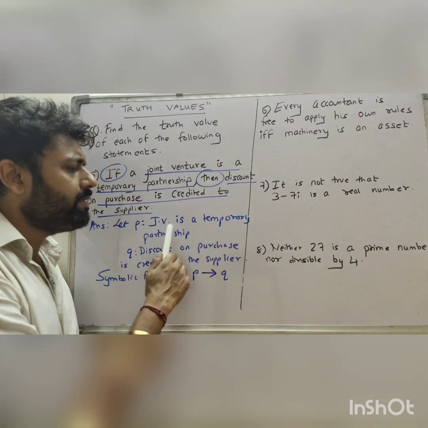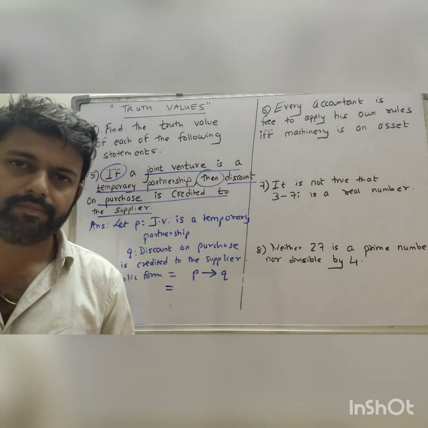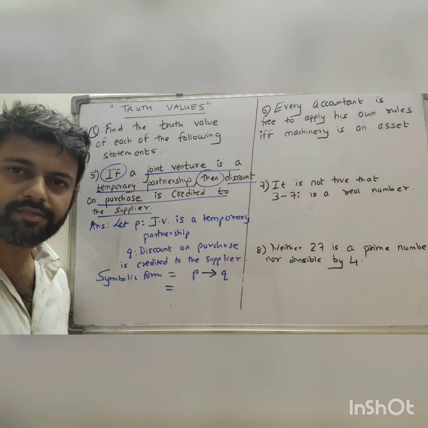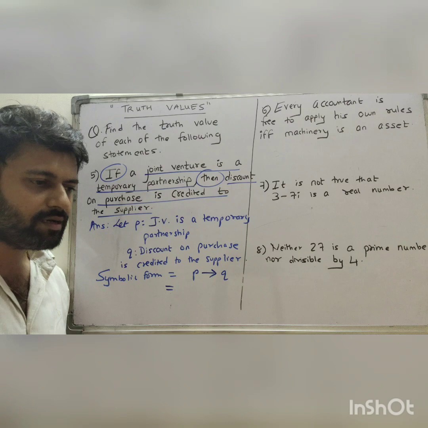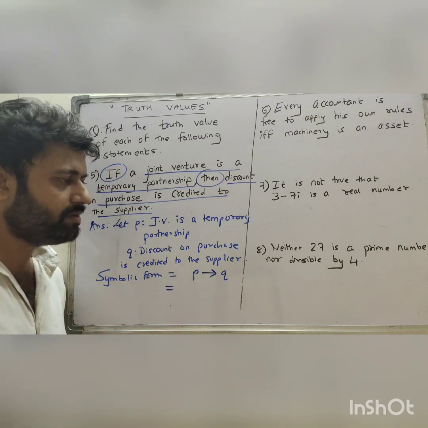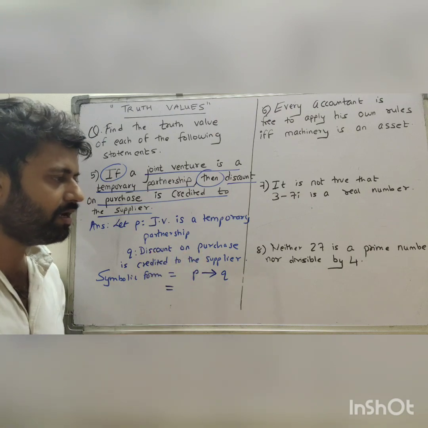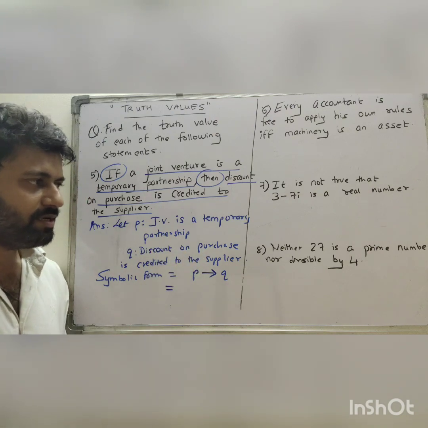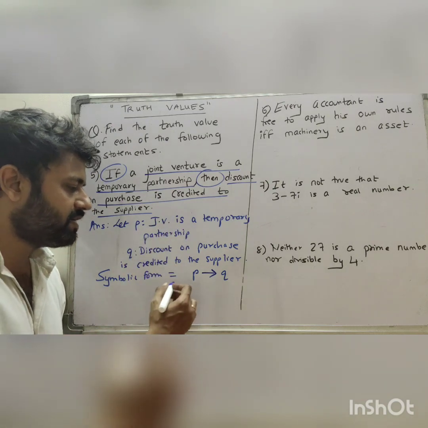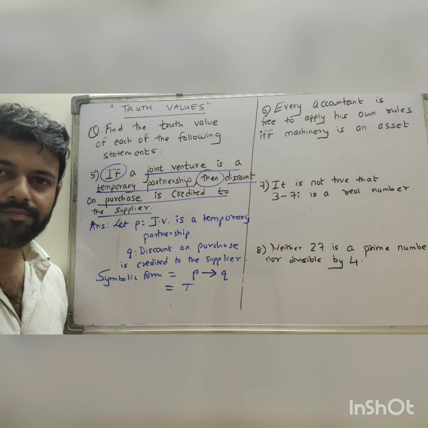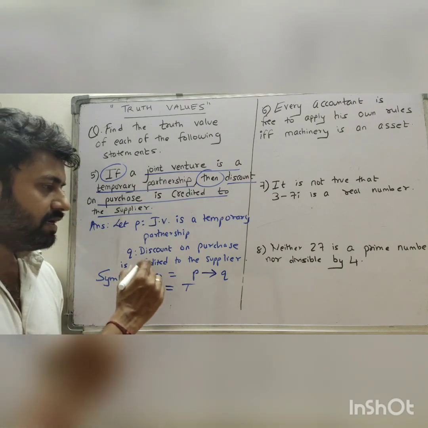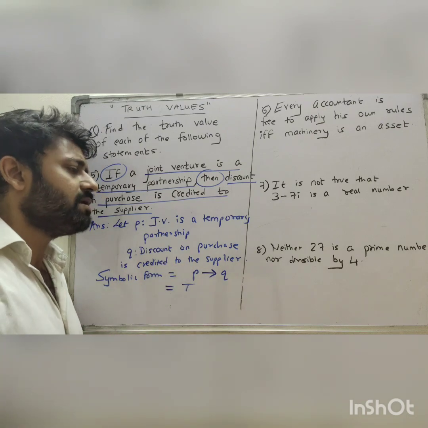Joint venture is a temporary partnership. Discount on purchase is credited to the supplier. Well, your maths teacher is going to make you learn about something in accounts. I'm sure you must know that joint venture is of course a temporary partnership. That's true. Discount on purchase is credited to the supplier.